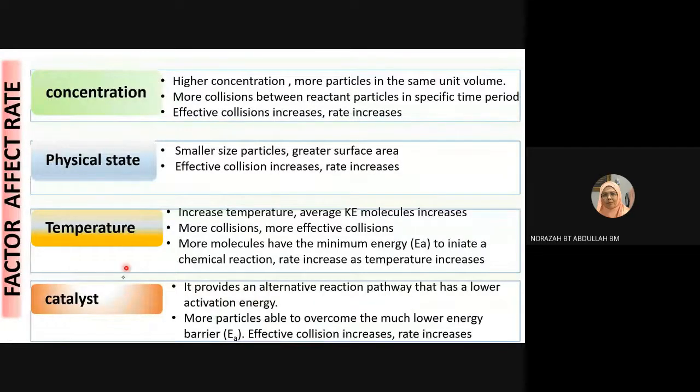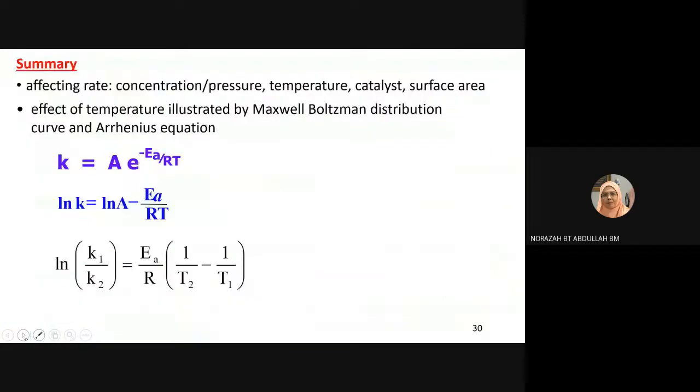So ingat balik tadi factors which affect the rate of reaction. One is concentration, two is physical state ataupun surface area, three is temperature, and the fourth one is catalase. Okay, jadi ingat summary apa yang kamu belajar tadi.